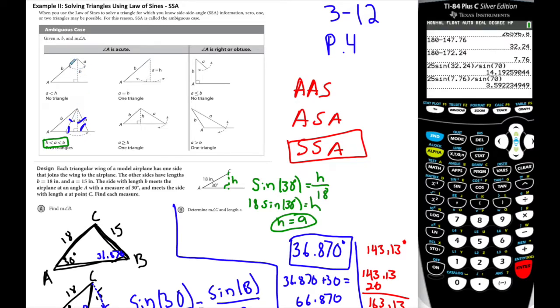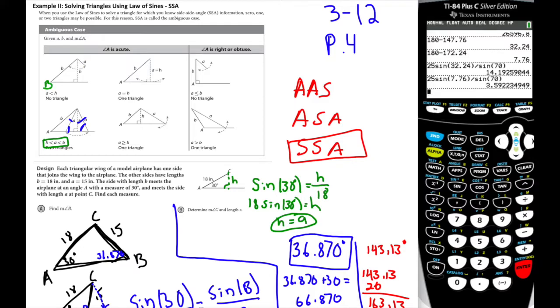So again, I just want to clarify here. In our situation, this is really B. This is what our situation looks like, okay? So if our B that we are given is actually less than the height that we're about to calculate, we're going to have no triangle. But if it's greater than the height and less than the other known side, we're going to have two possible triangles.